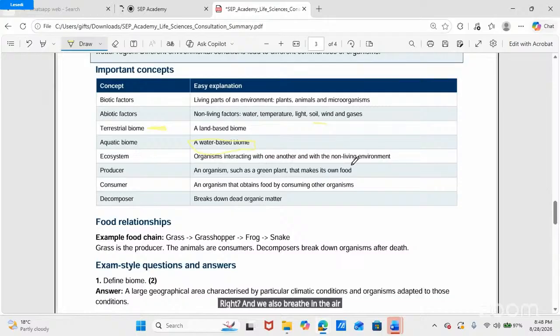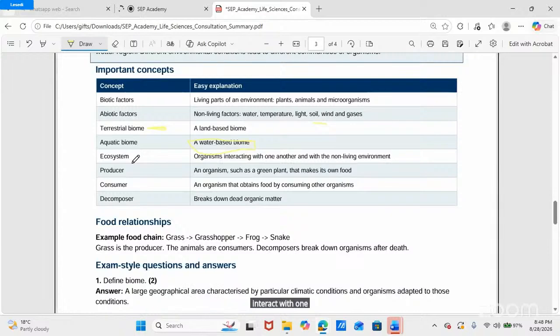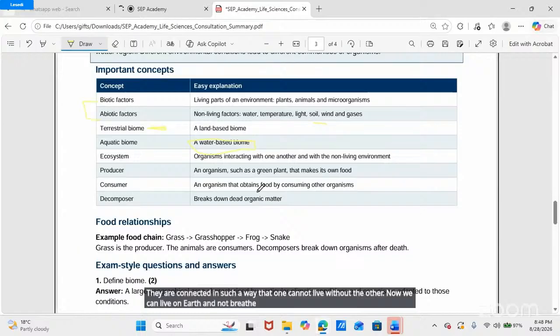So if you go back to biotic and abiotic factors, you will realize that in an ecosystem, both the biotic and abiotic factors interact with one another, and they are connected in such a way that one cannot live without the other. We cannot live on Earth and not breathe in the gases that are on Earth.